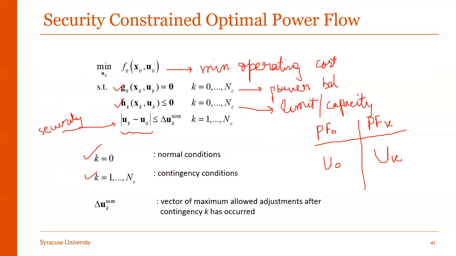This tolerance is actually a vector of maximum allowed adjustments after contingency K has occurred. So if you add this additional constraint, our generators will be dispatched in such a way that under one single failure, none of the lines will be overloaded.